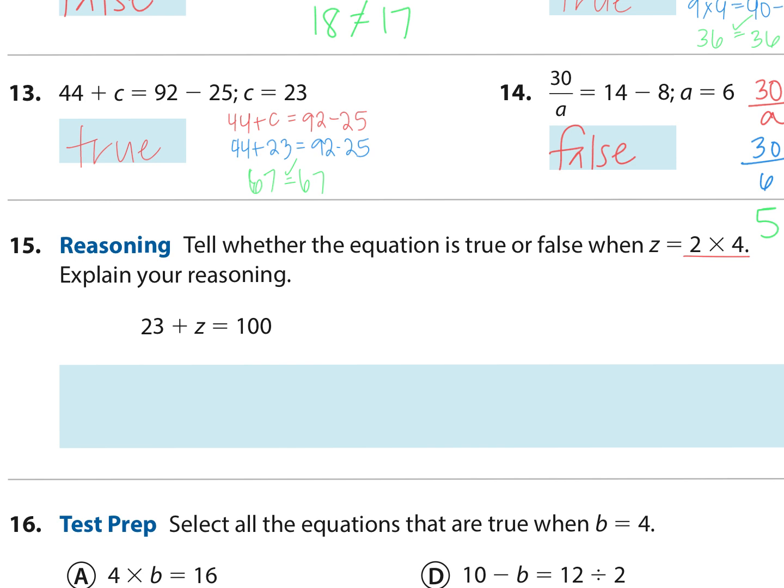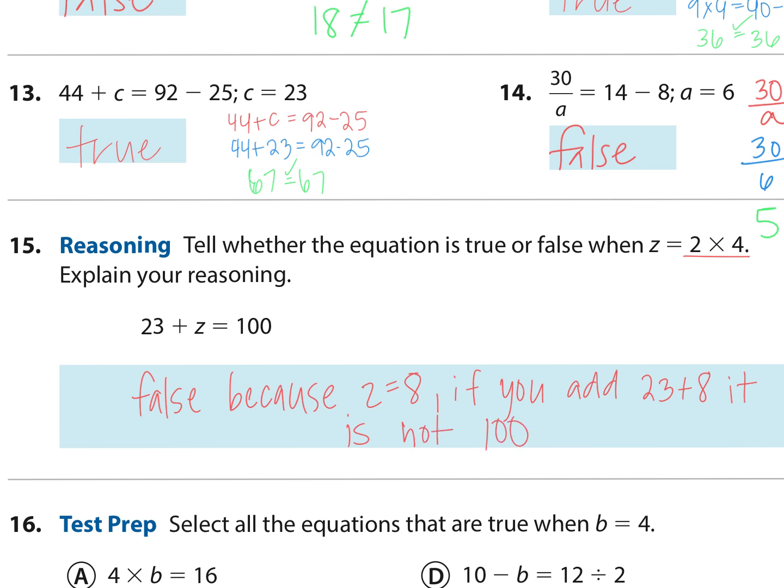So I'm going to say it's false because z equals what? 8. Yes. And so if you add 23 plus 8, it is not 100. So you should have had something along those lines. False because maybe you just did the math to prove your answer. Maybe you wrote it in words. Whatever you did is fine, but it is false.